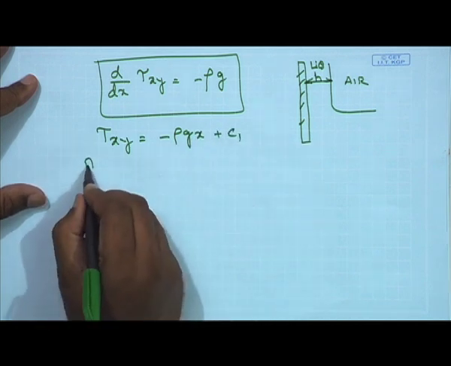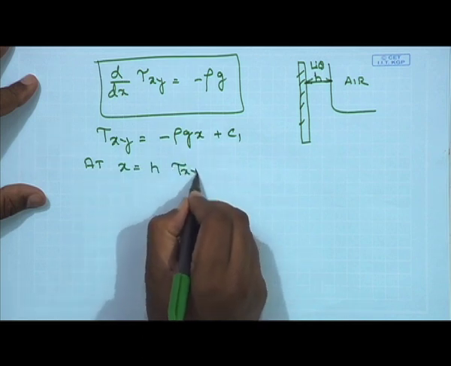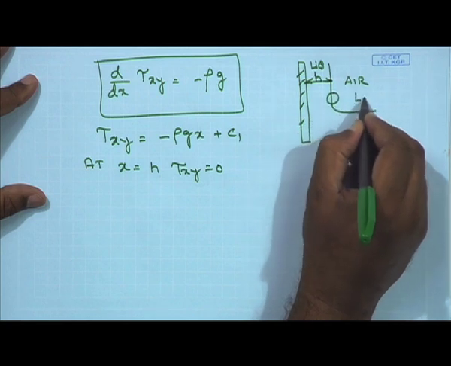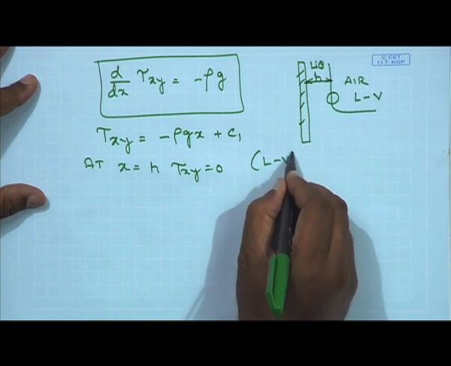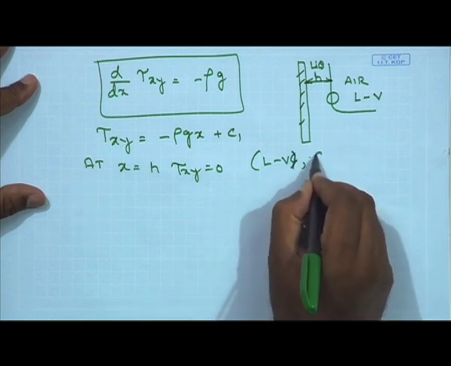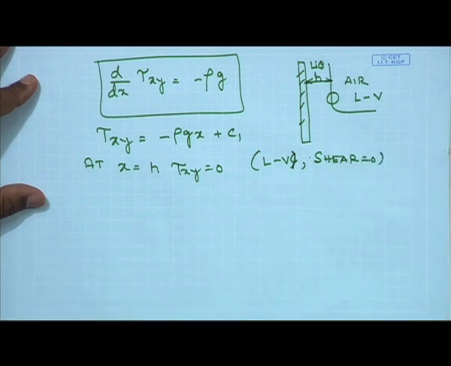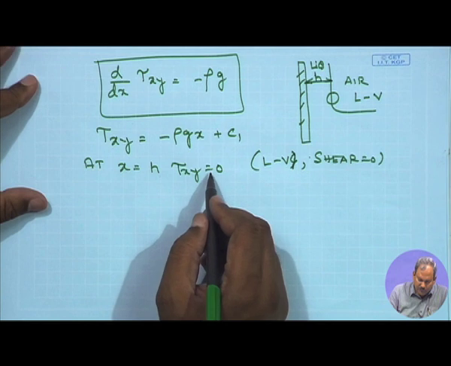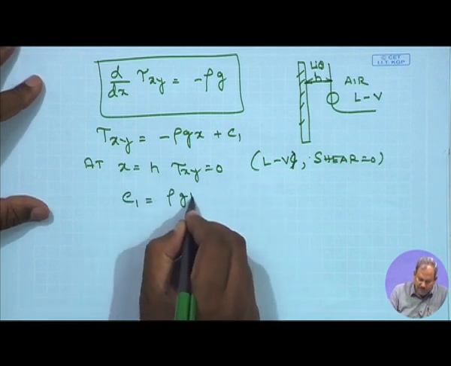Now, at x equals h, tau xy must be equal to 0. x equal to h is the liquid vapor interface, and at the liquid vapor interface the shear stress is 0. Since shear is 0 at this point, your C1 would simply equal rho g h.